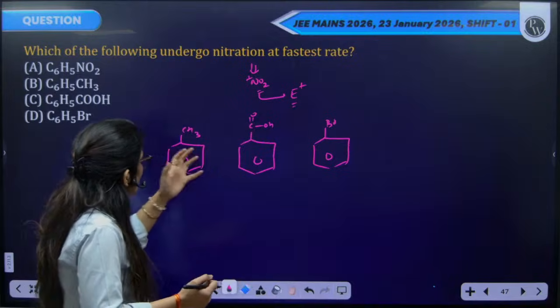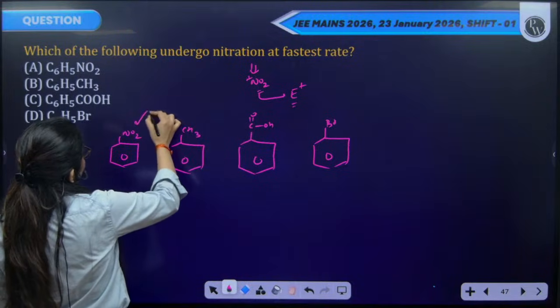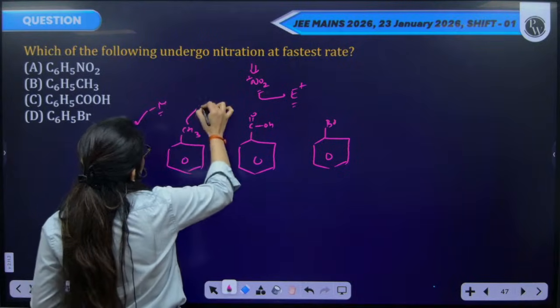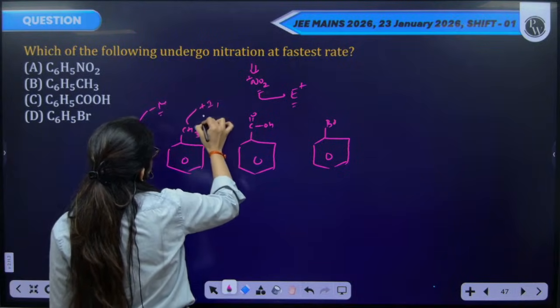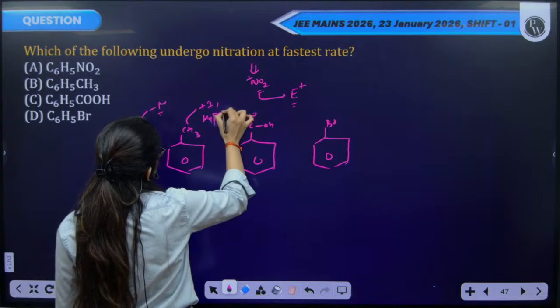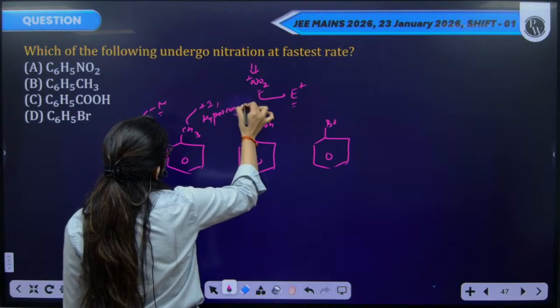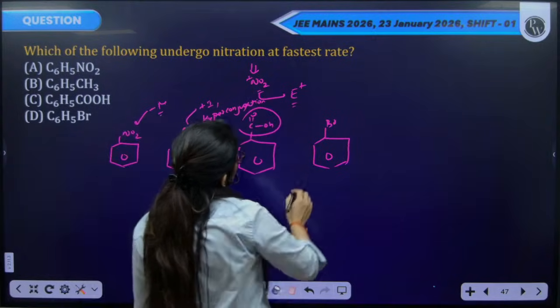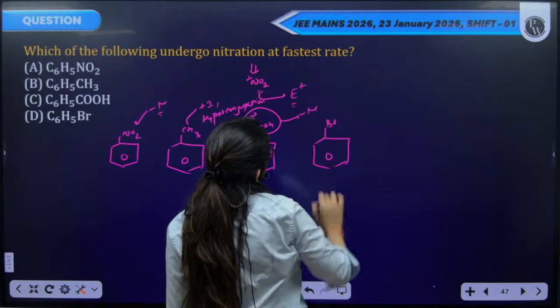So you can see over here this NO2 is a minus M effect showing group. If I talk about CH3, it can show plus I as well as it can undergo hyperconjugation. Then if I talk about this given carboxylic acid group, obviously again it will be acting as a minus M effect group.